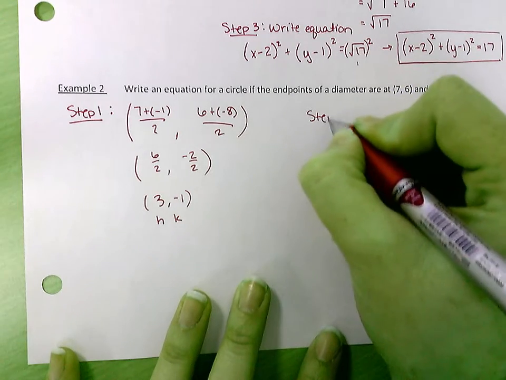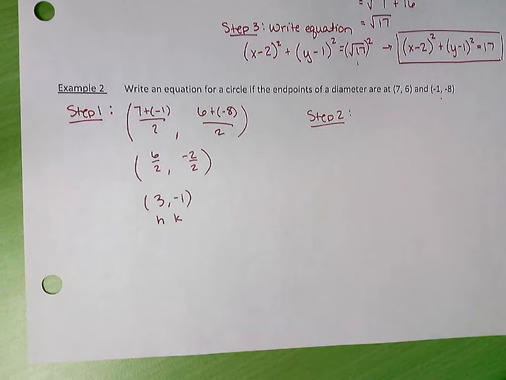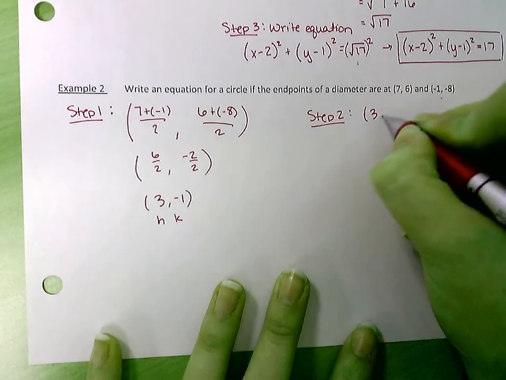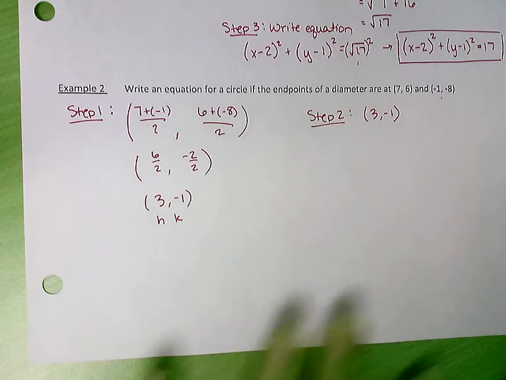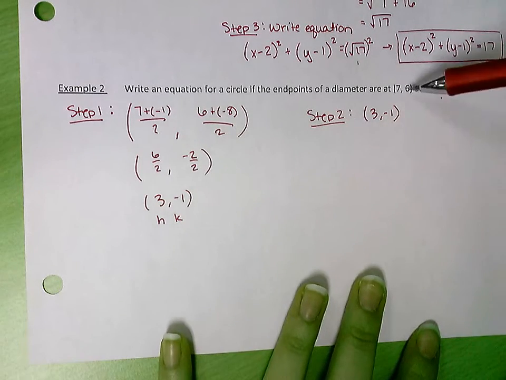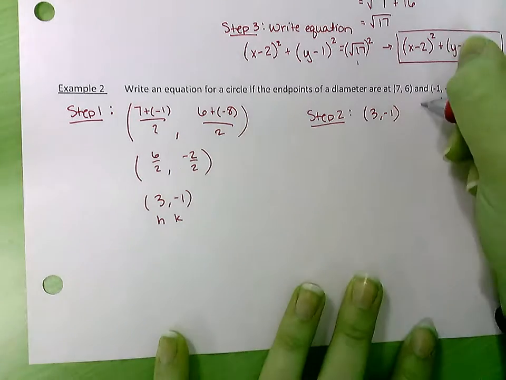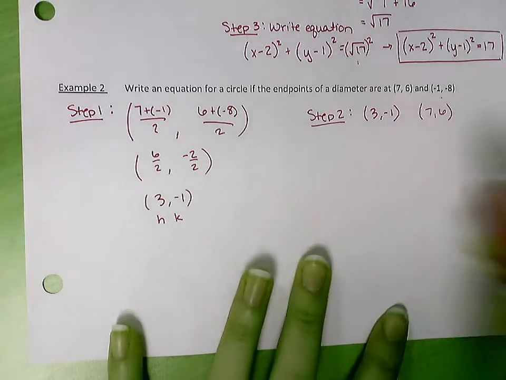Then step 2. We want to find our radius. So we need the distance from the center point to one of the end points of your diameter. Okay, so we need (3, negative 1) as one of our coordinate points, and then use (7, 6).